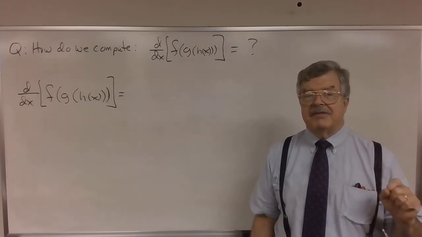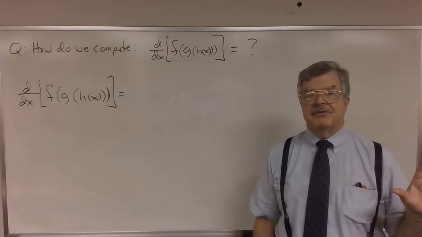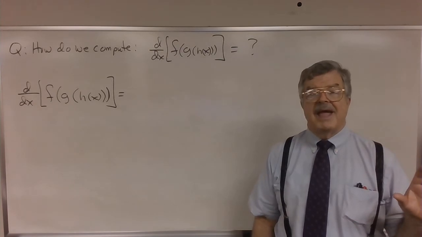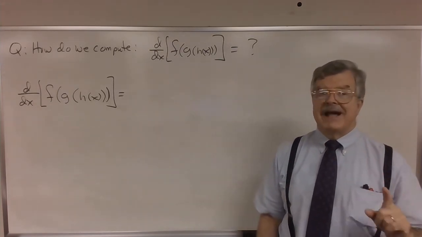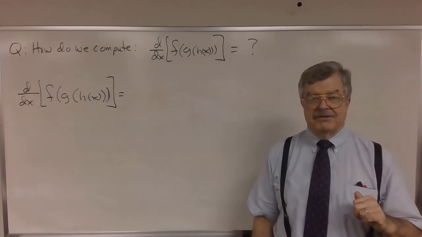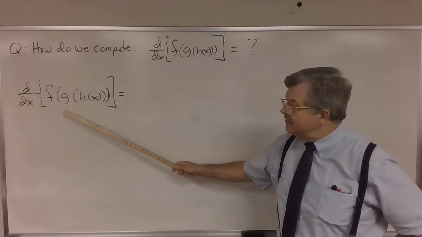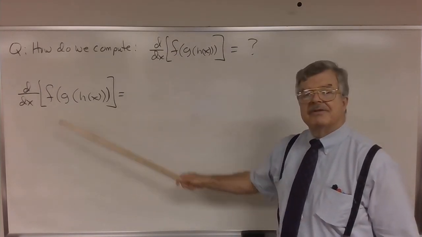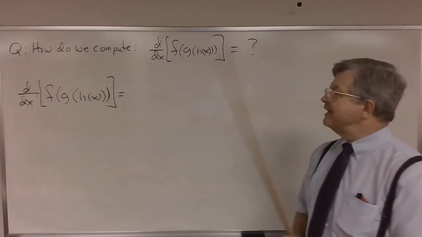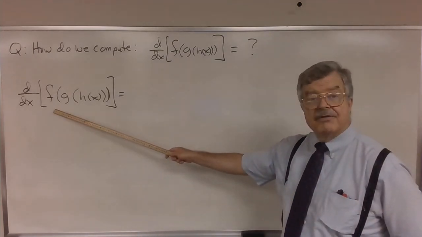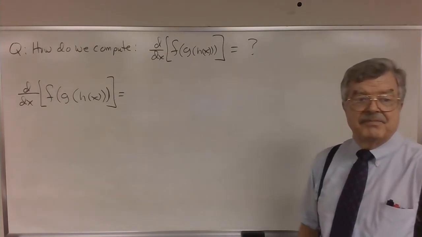So when we're applying the chain rule, we look at the function that we're computing the derivative of as being an outer function evaluated at an inner function. So any chance of success computing the derivative of the composition of three functions hinges upon us analyzing this as an outer function evaluated at an inner function.